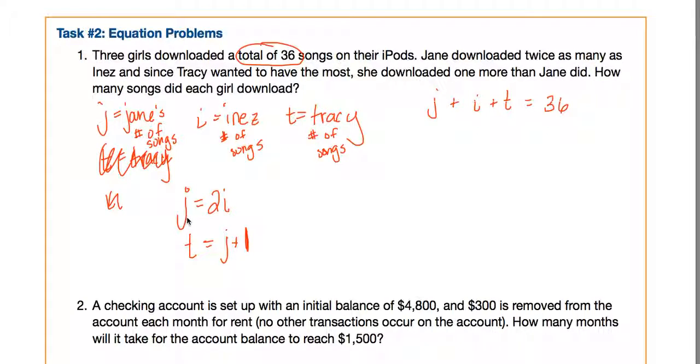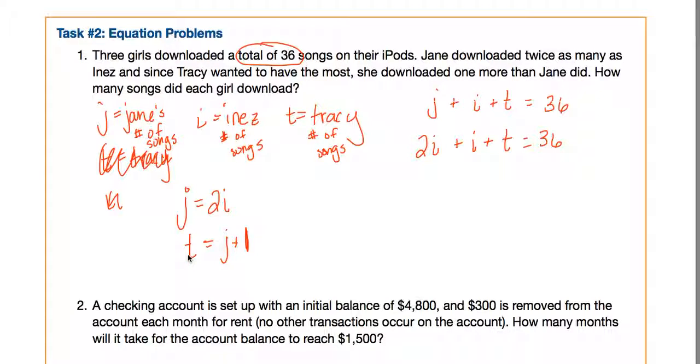Looking at this, I could replace J with 2I because I know Jane has twice as many as Inez. That starts the process of allowing me to solve, because I have two things that can go together to be 3I. If I could make that another I, then I could solve for it.